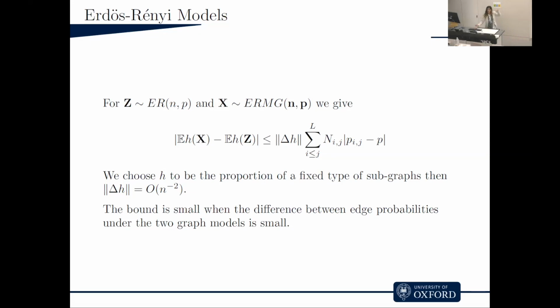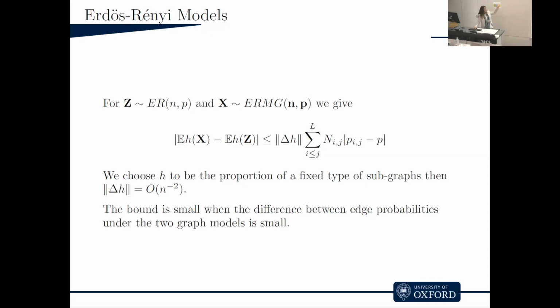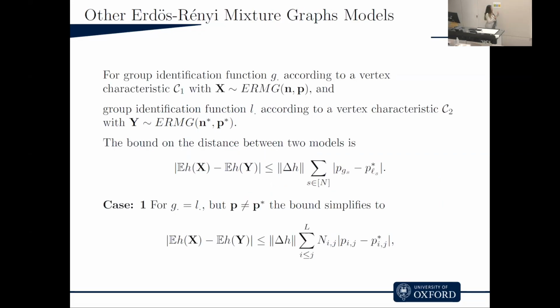ER models are simply the Bernoulli random graphs, where we have vertices and edges, and all the edges have the same probability throughout the network, so the simplest network model. Then we bounded the distance between ER mixture graph and exponential random graph models, and then we bounded the distance between two different ER mixture graph models.